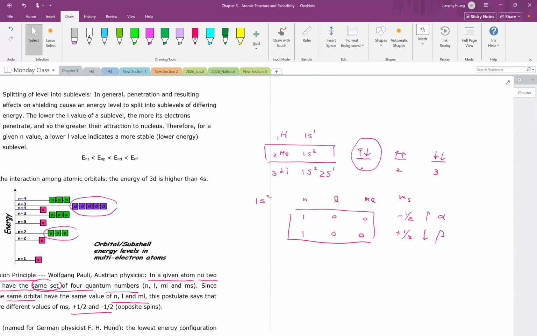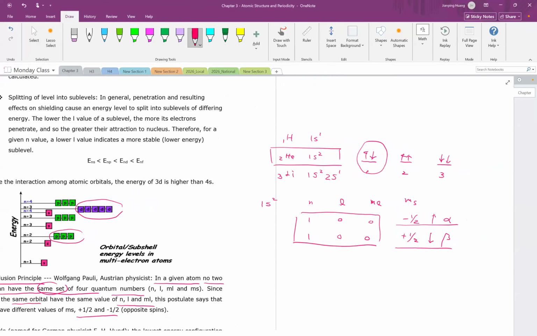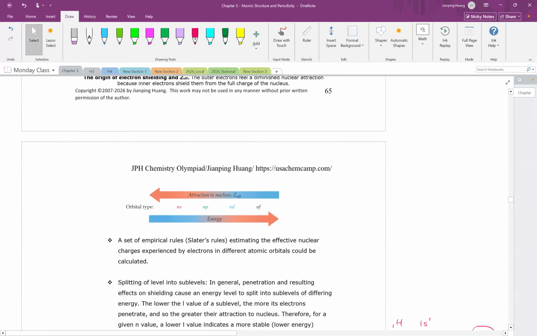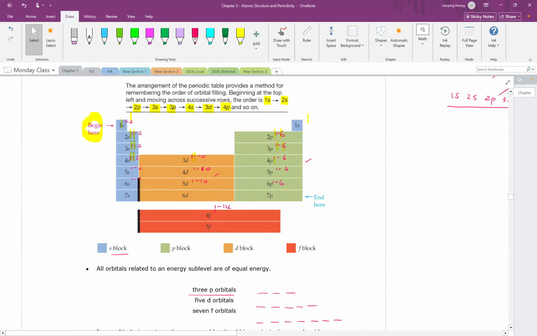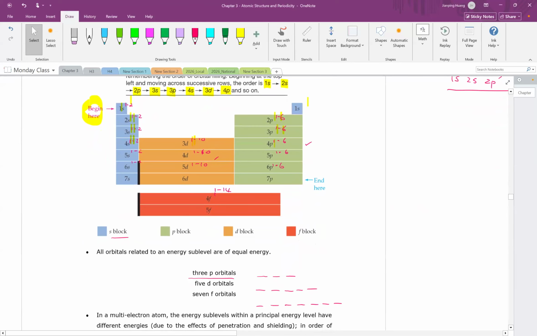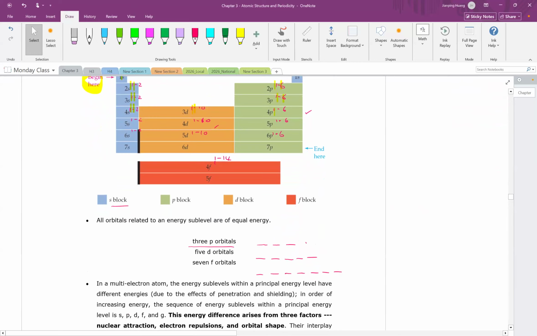Okay. Yeah, you can treat it this way: this one is alpha, this one is beta. Yes. Also changeable. You want to go back to the periodic table? Sure. Oh, you want this one, right? Degenerate. Oh, sure.